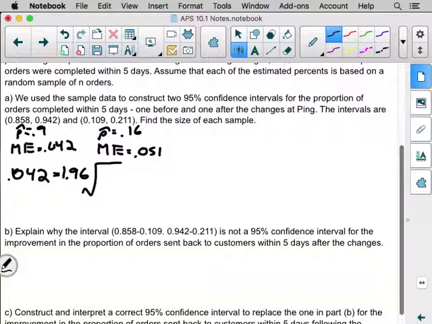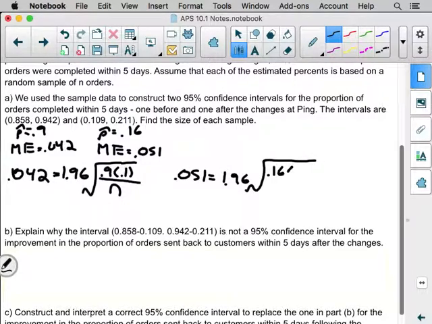Yeah, after it's 0.9. Before is 0.16. So wouldn't these two formulas allow us to find the sample size that was used to create those intervals, right?